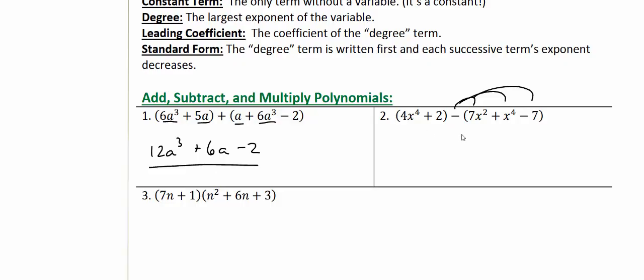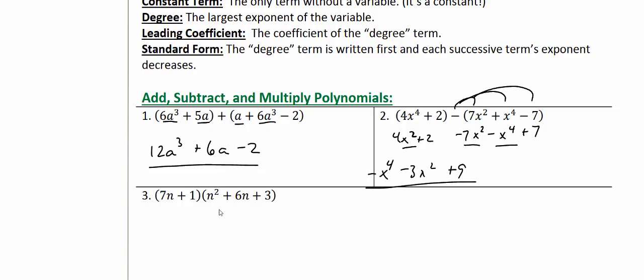Please don't forget to do that. So it's -7x squared minus x to the 4 plus 7 would still a 4x squared plus 2 over there. I combine the x squareds to get -3x squared. I have an x to the fourth that goes in front because it's bigger. And then 2 plus 7 is 9.